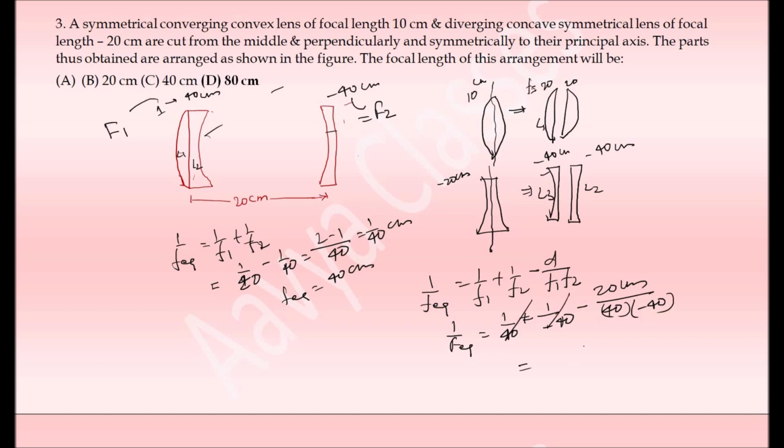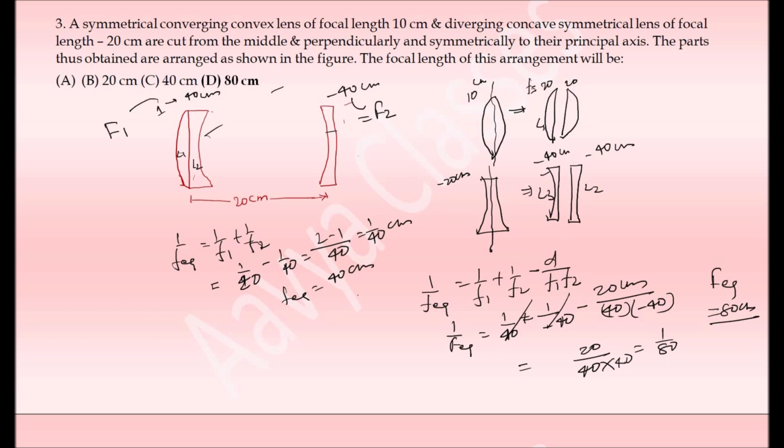If you solve it, you get 20 divided by 40 into 40, that is 1 by 80, and F equivalent is equal to 80 centimeters. Clearly, as the equivalent focal length comes with a positive sign, the system will work as a converging lens.